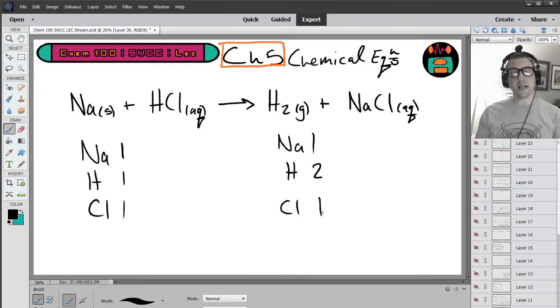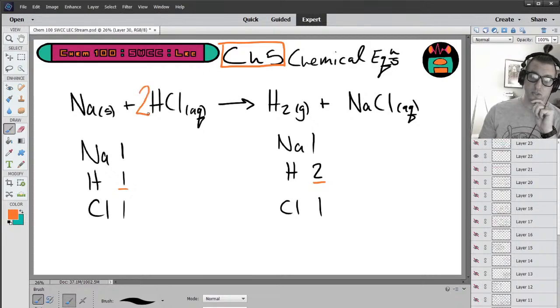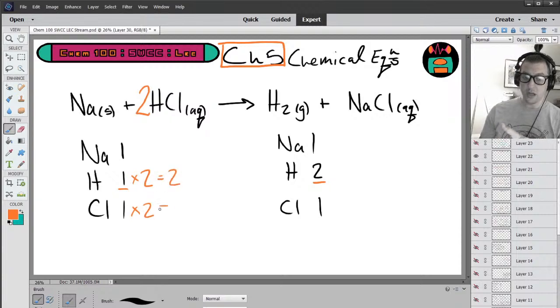Now, everything looks balanced here except for hydrogen. I have two on my product side, one on my reactant side. The only way I can get two hydrogen on my reactant side is if I multiply HCl by 2. When I do this, I change both my hydrogen and my chlorine count. So now I have 2 hydrogen on the reactant side, but I also have 2 chlorine.